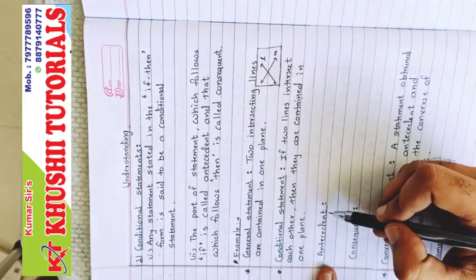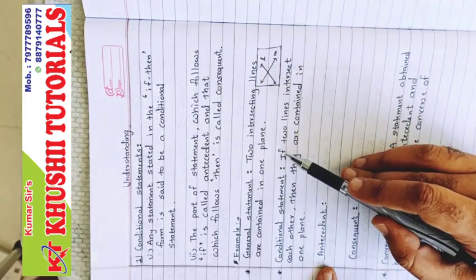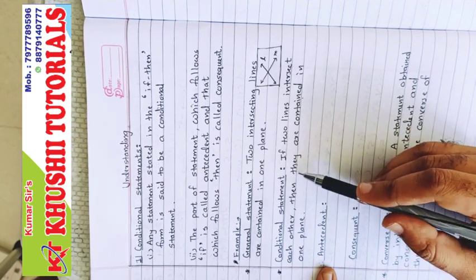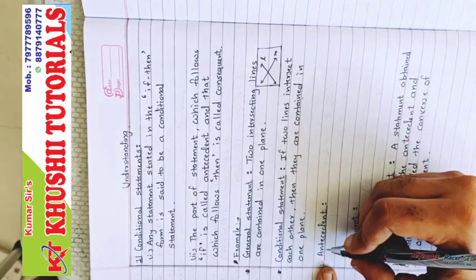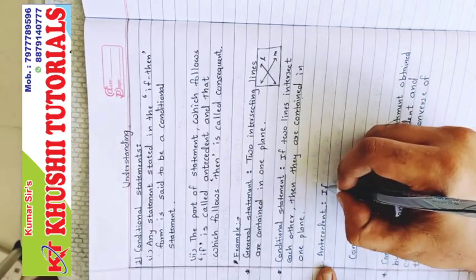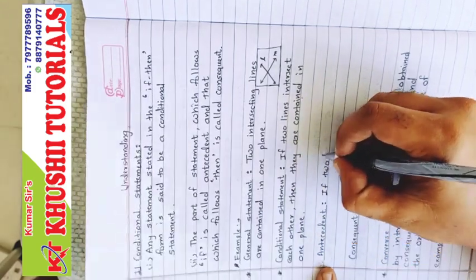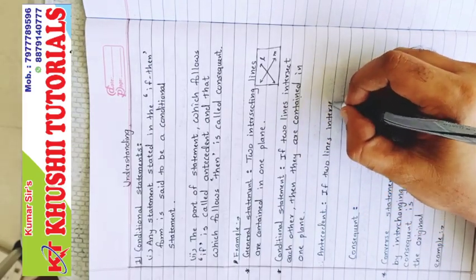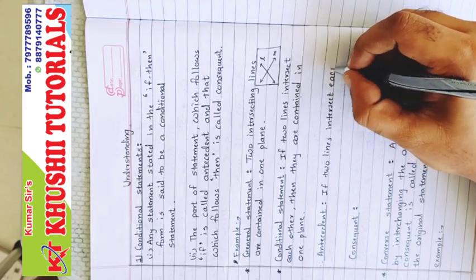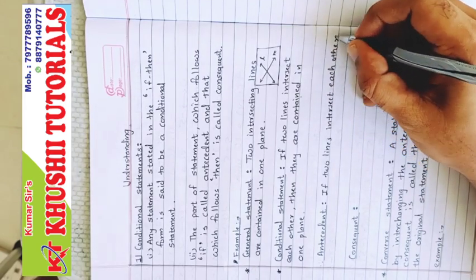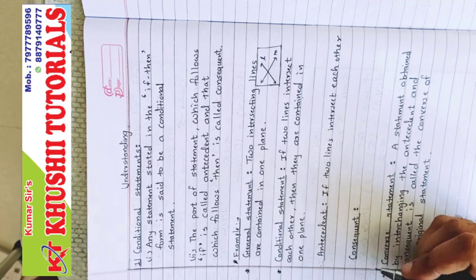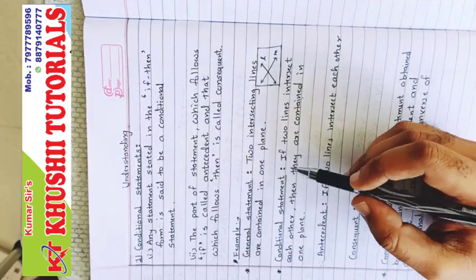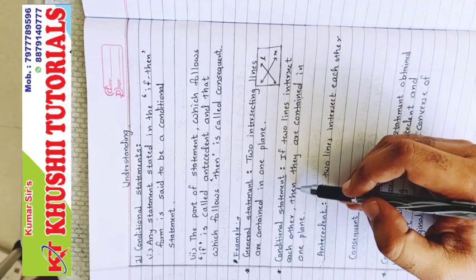Now what is the antecedent? The statement which follows if is called the antecedent. So here the antecedent is: if two lines intersect each other. And what is the consequent? The consequent means the statement which follows then.